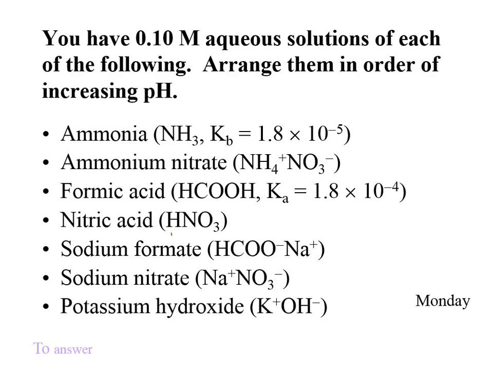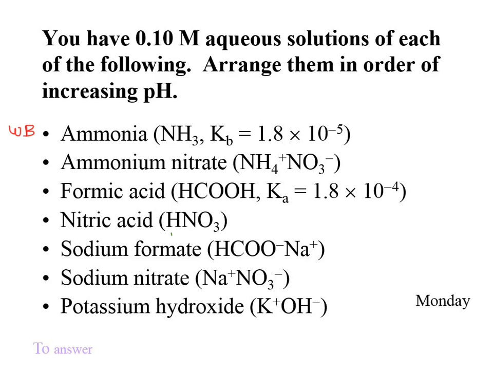Those are your two choices. So hopefully you're like, oh, I think it would pick up a proton and become NH4 plus, and you'd be right. So actually, you can find NH3 under the heading of a weak base. So I put WB there.